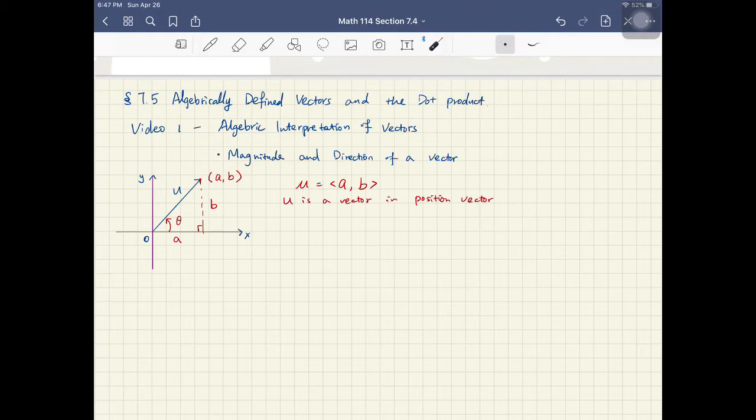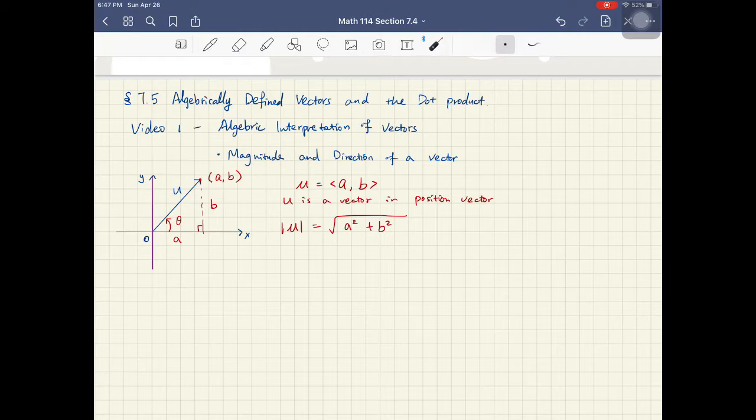Then since we have the values a and b, I can find the magnitude of my vector u by using the distance formula or the Pythagorean theorem. So the magnitude of u is equal to the square root of a squared plus b squared.